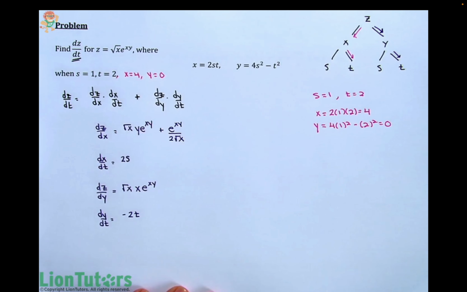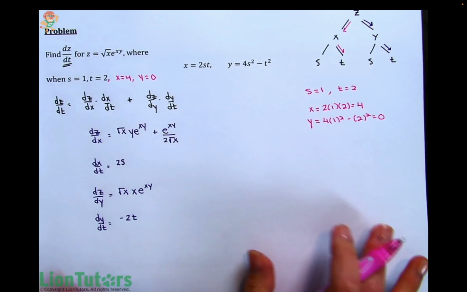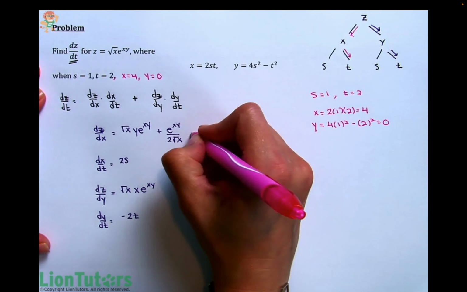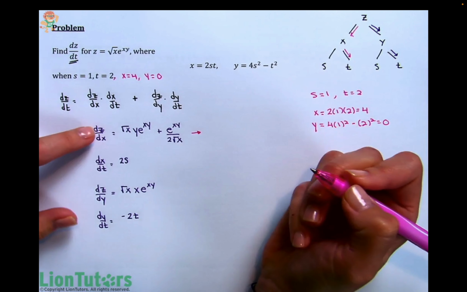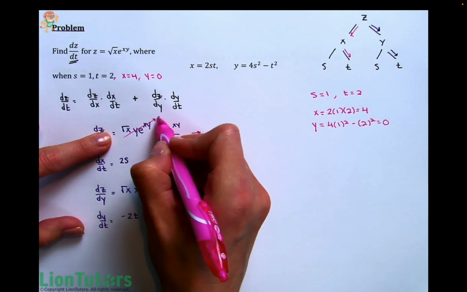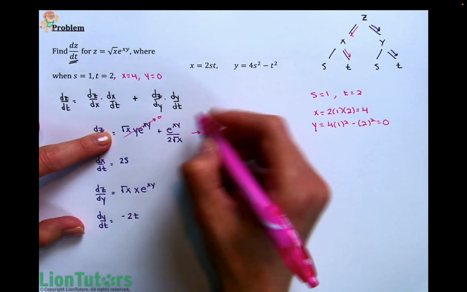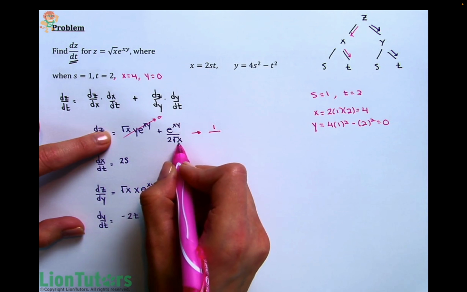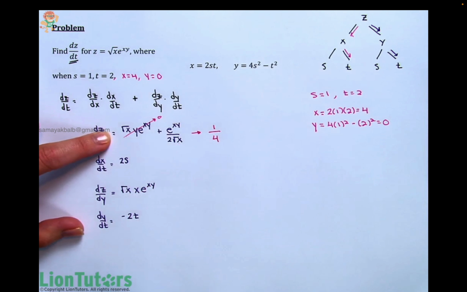And I can use each of these values to plug into all of those partial derivatives. So plugging in here, if I plug in a 4 for x and a 0 for y, that whole term is going to go to 0. e to the 0 is 1. And then plugging in a 4 for x, that would give us 2 times 2, so that would give us 1/4 right there.